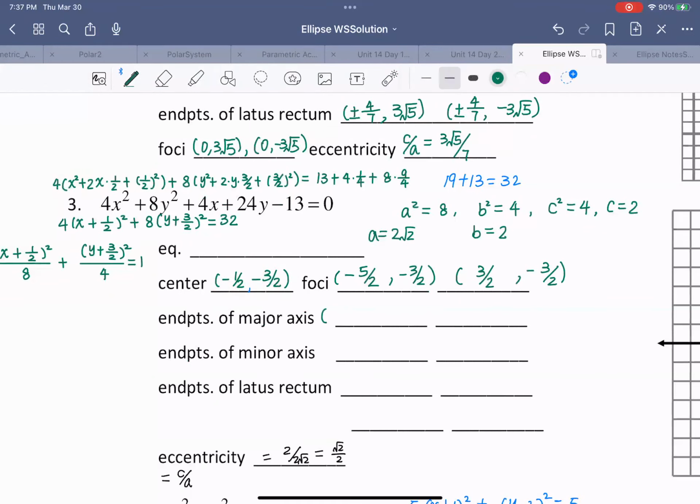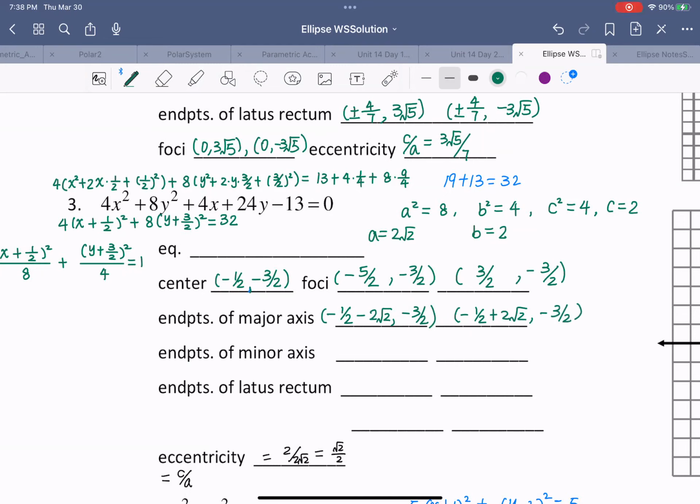So center negative 1/2 minus 2 square root 2, comma negative 3 over 2 minus 2. Oh, this one, no. This guy is only center. Go left, go right. Okay? Go to this one. Negative 1/2 plus 2 square root 2, negative 3 over 2.